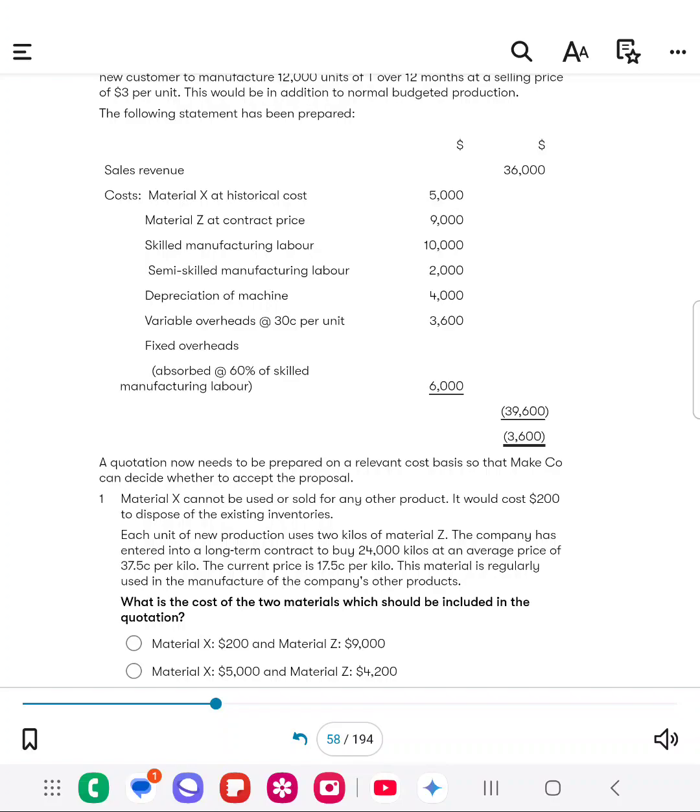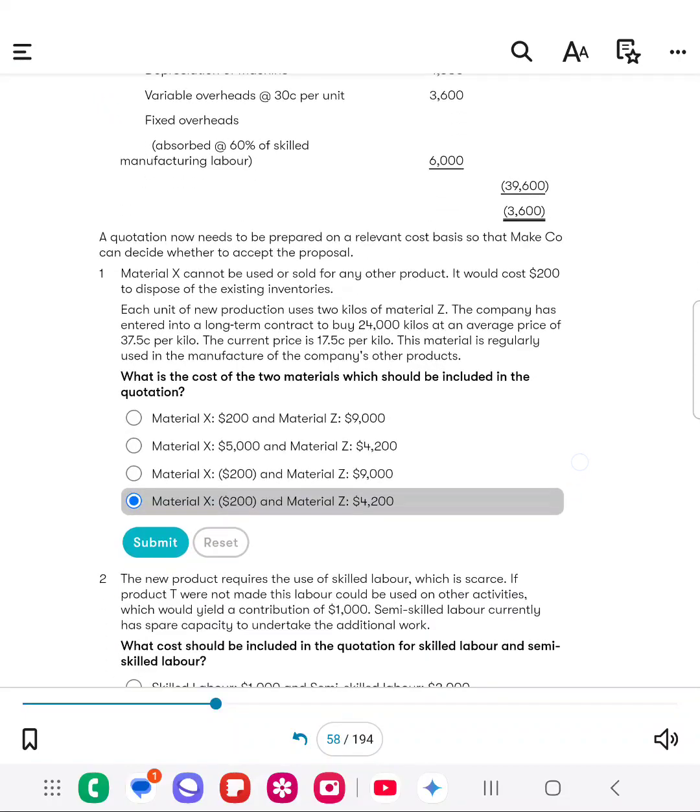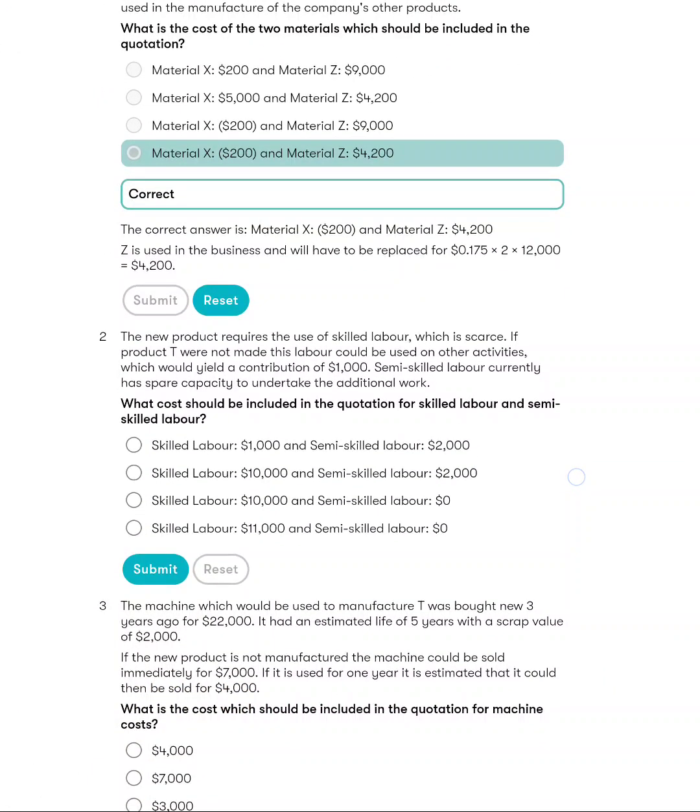That means this is the market price of this material Z. The material is regularly used. So if it is in regular use, we need to consider the market price. So 24,000 into 17.5, that is 4,200, and therefore my option will be 200.